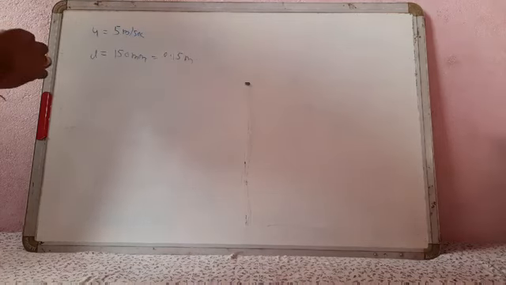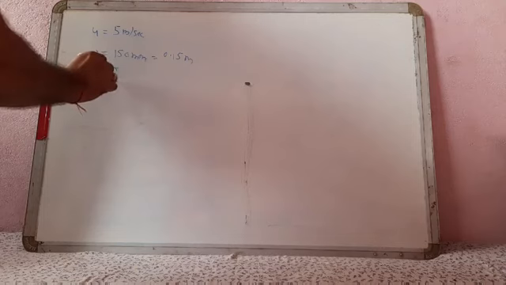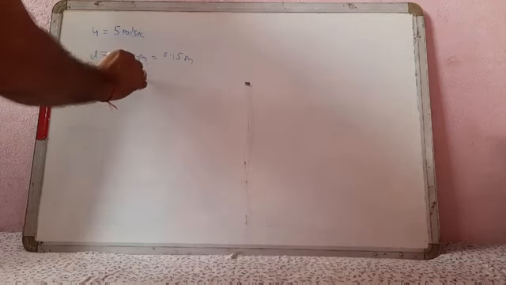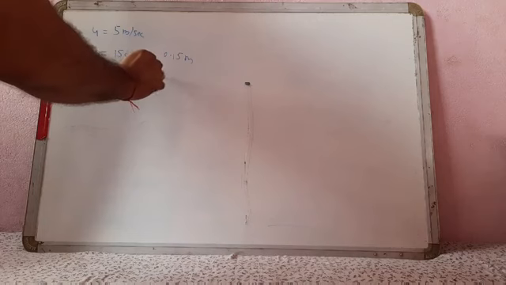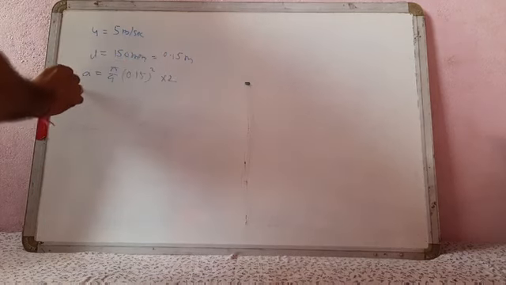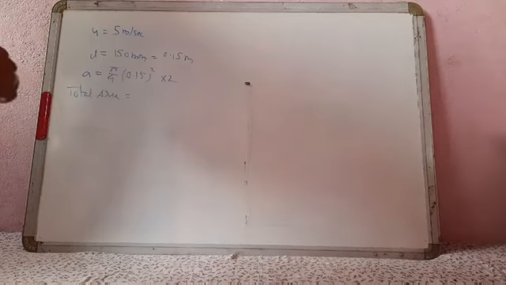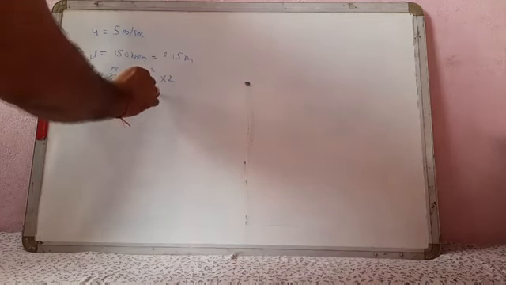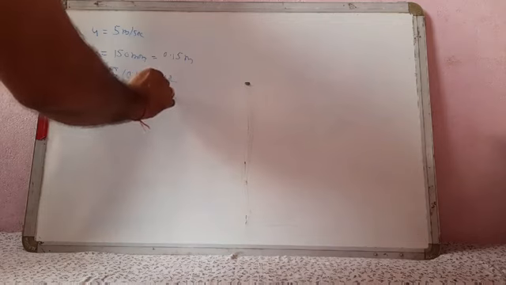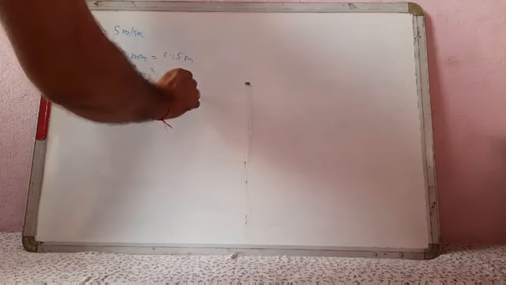So the area of jet equals pi by 4 d square, and the number of jets are 2, so the total area is equal to 0.03534 meter square.